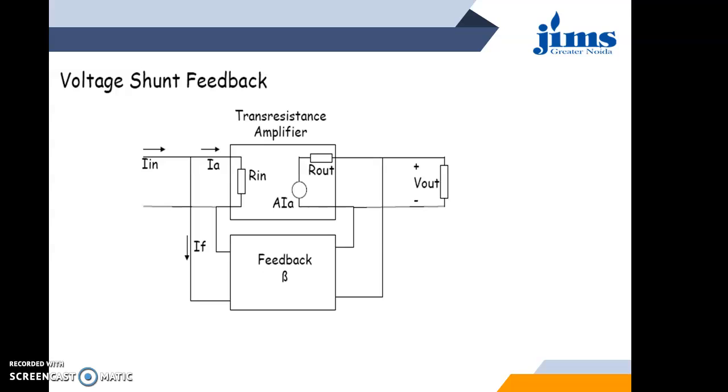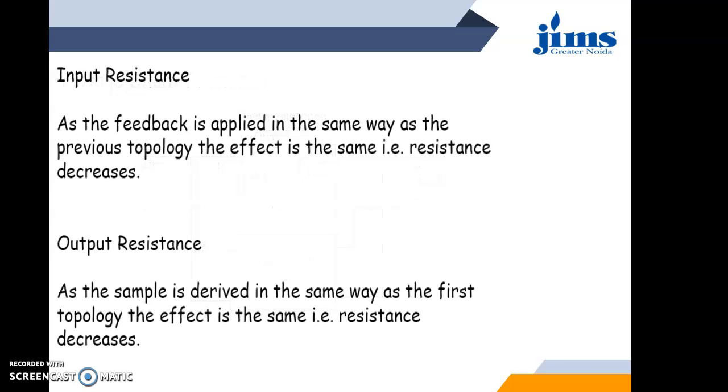So both input and output ports are in shunt, and we know that in shunt the resistance decreases. So both input and output resistances decrease. The decrement in output resistance is advantageous, but the decrement in input resistance is not required. So it has one advantage and one disadvantage.